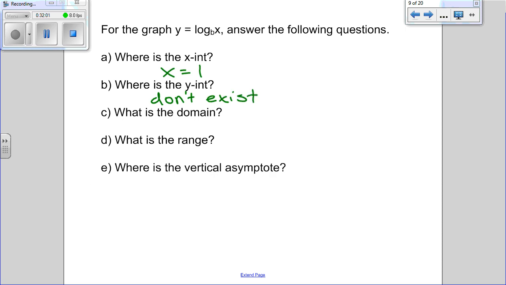That don't exist. The domain of these things is now x is greater than 0, because it'll never touch the y-axis, which is where x equals 0. The range is now y is an element of the reals, the complete opposite of where our exponential once was. Notice how the x's and the y's have all just flipped.